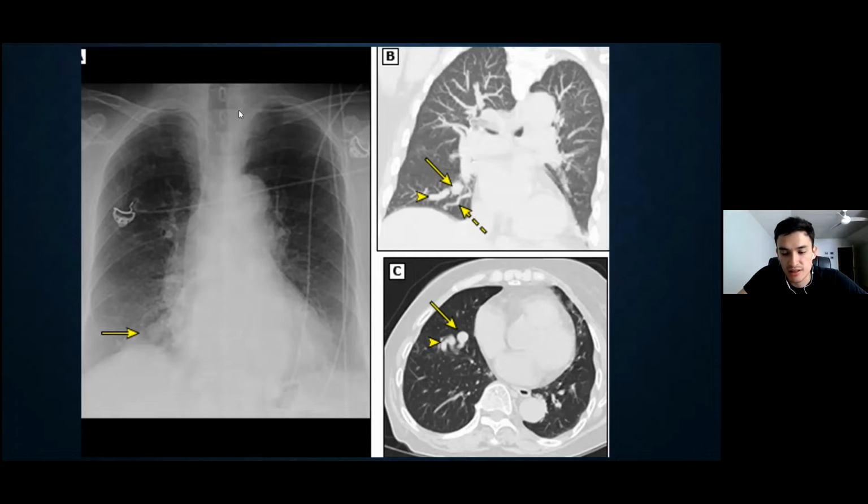And just like in this case, the use of chest CT with contrast is indicated. Typically, in the evaluation of pulmonary nodules, contrast is not necessary. But if we have this suspicion of AV malformation, then contrast can be used, such as in this case.